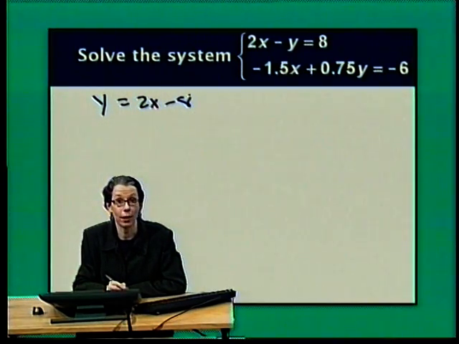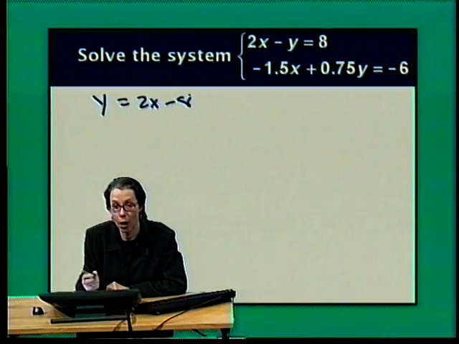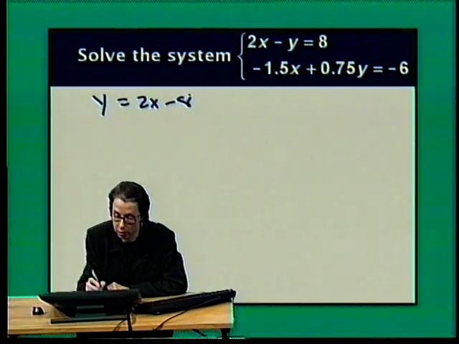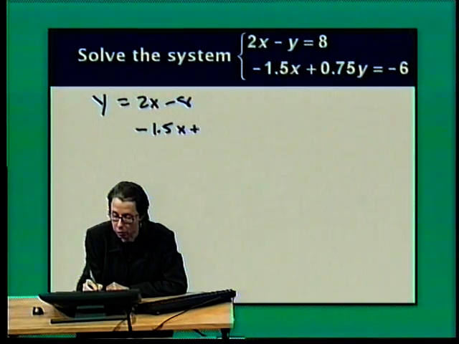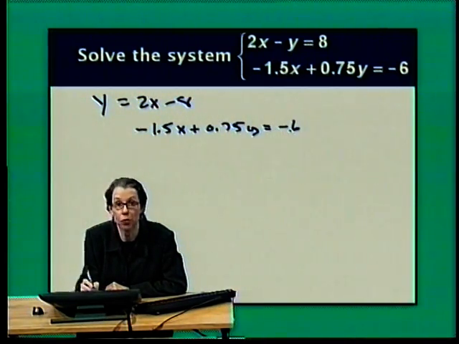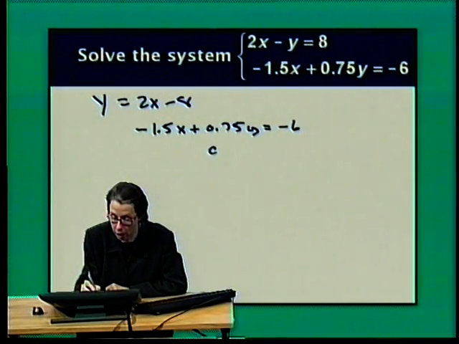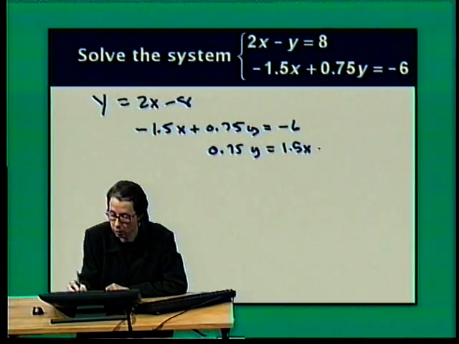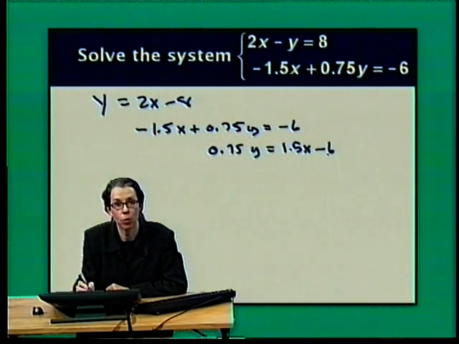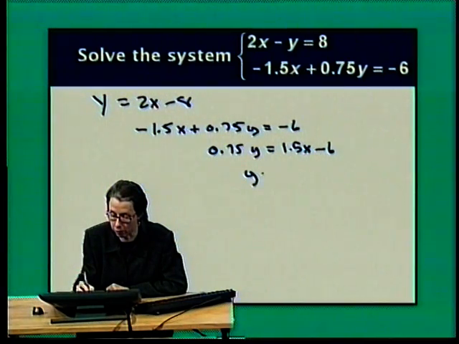Let's look at what we really have in the second equation. So I'm going to put this in slope-intercept form. So I have negative 1.5x plus 0.75y equals negative 6. I'm going to start by adding 1.5x to both sides. Then I'm going to divide both sides of this equation by 0.75.